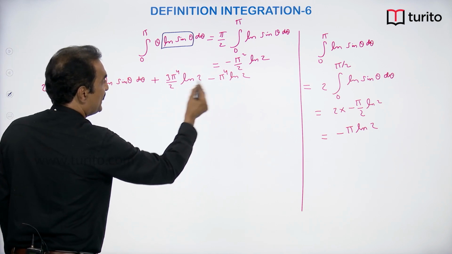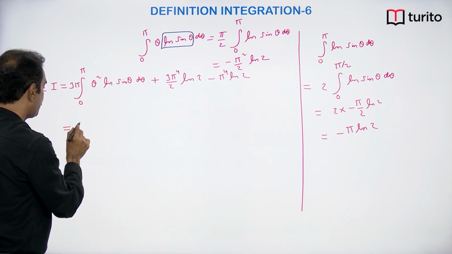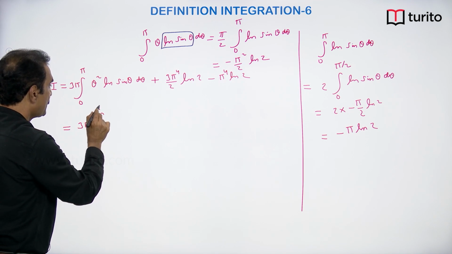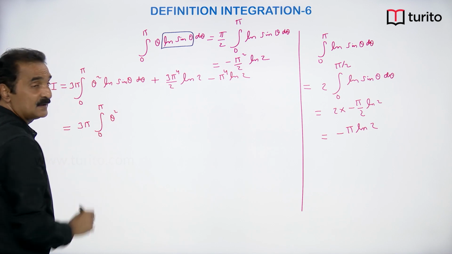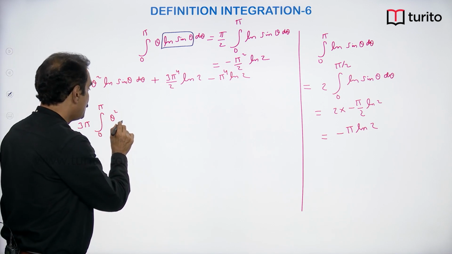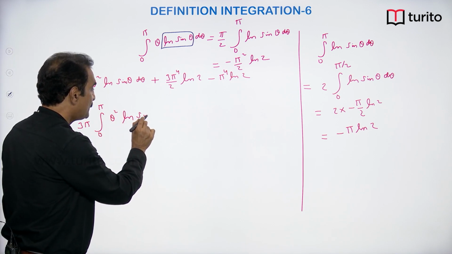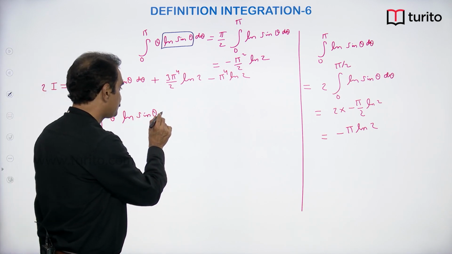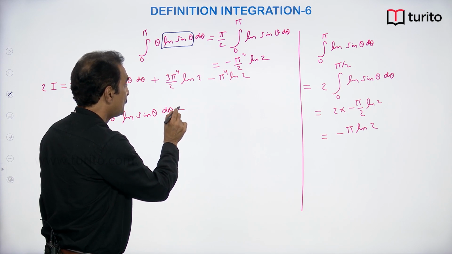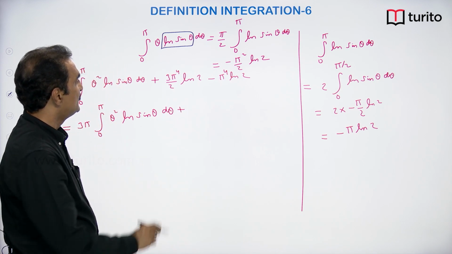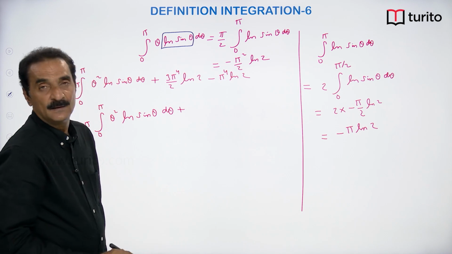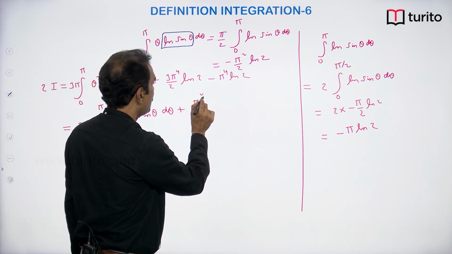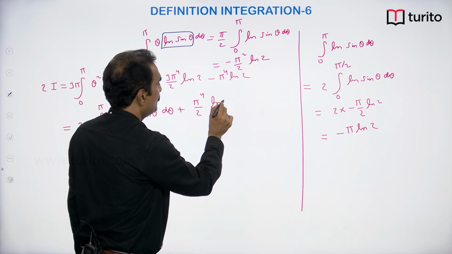You can combine these two. 3 pi integral 0 to pi theta square into log sin theta d theta plus, what is this? It will be plus pi power 4 by 2 ln 2.